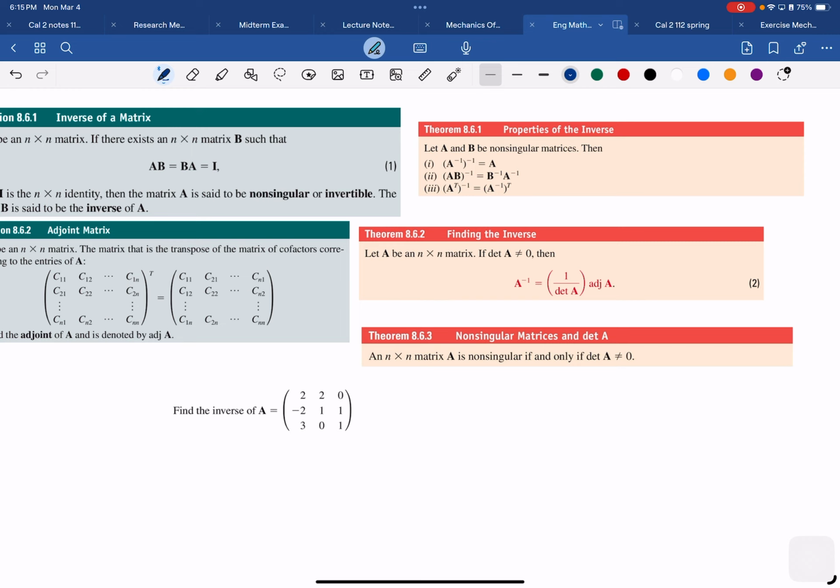Why is that? If you see the formulation, it is understandable. If this is 0, then it won't be defined. So that's why we need to make sure that the determinant is not 0. To find the inverse, first we check the determinant, and then we multiply with the adjoint.